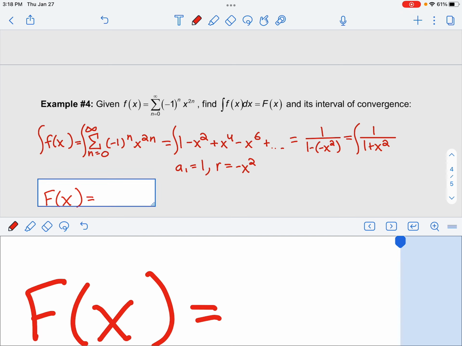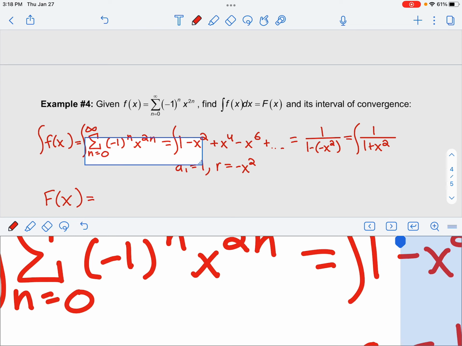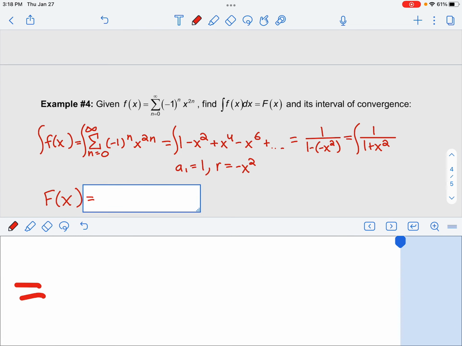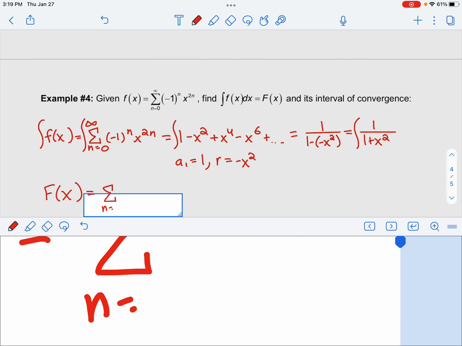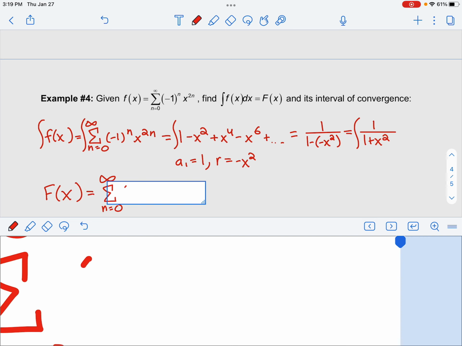Well, let's think about it. How can I take an integral? Luckily there is a power rule. So what that means here is that big f of x, writing it in sigma notation, would be n equals 0 going to infinity. Now the negative 1 to the n, you can think of that as kind of like a constant, so I'll leave that there.